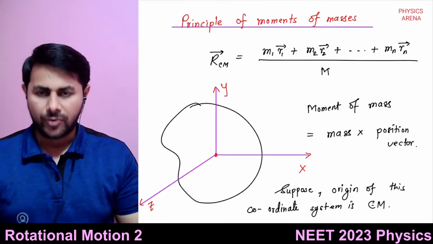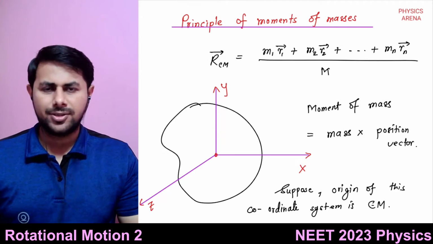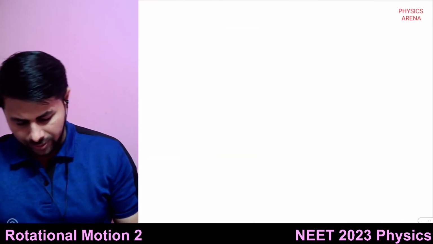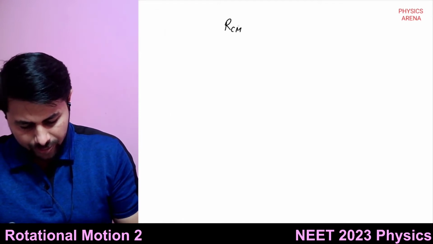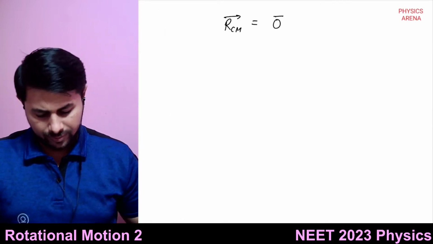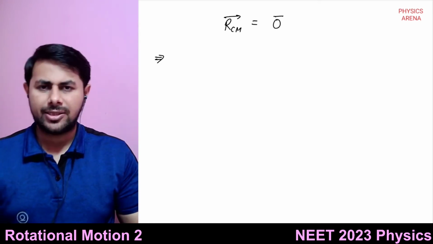So what will be its position vector? It's 0, right? 0 bar you can say. So R CM, the position vector of center of mass, is 0 bar, and therefore what will be the sum of moments of masses of all particles?